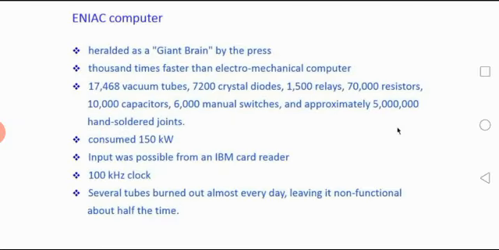Here some of the characteristics of the ENIAC computer are given. Heralded as a giant brain by the press, and heralded means designated as a giant brain because it was used for numerical integrator and computing purposes.